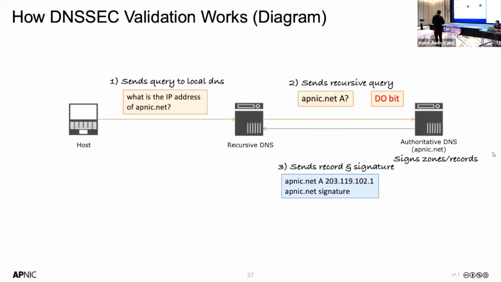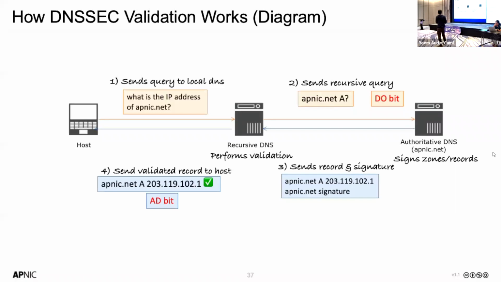Now the recursive DNS gets the information and does the cryptographic analysis for you to verify the signature and the answer, so that it is not a fake answer. So now the recursive DNS is going to reply back to the host with the AD bit, which stands for authenticated data.